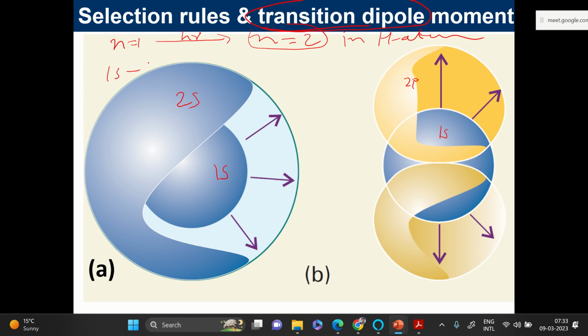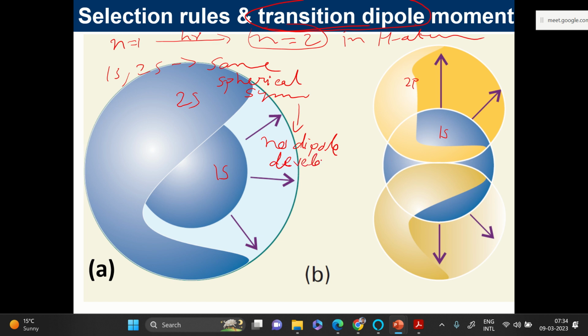1s, 2s both have the same spherical symmetry, so no dipole is developed.